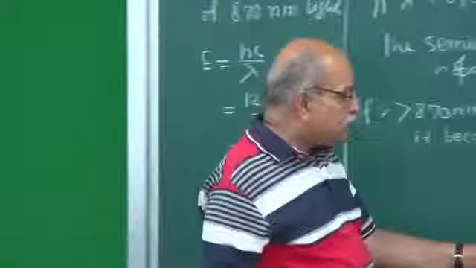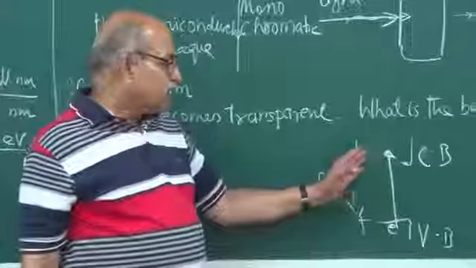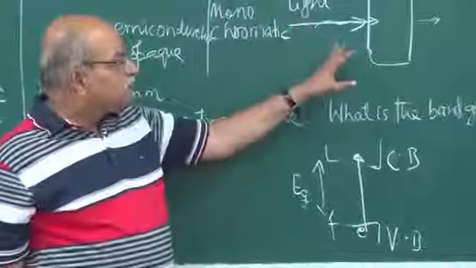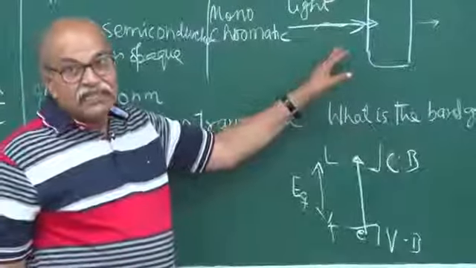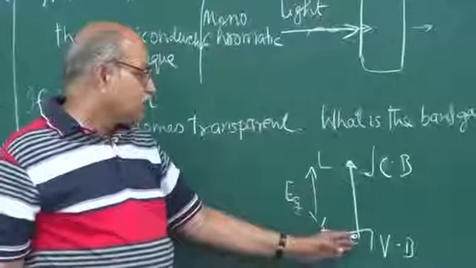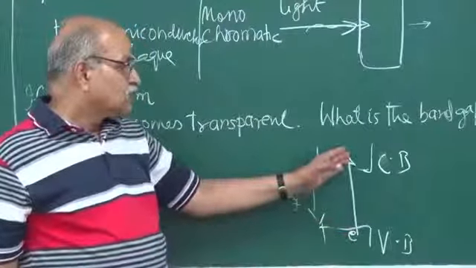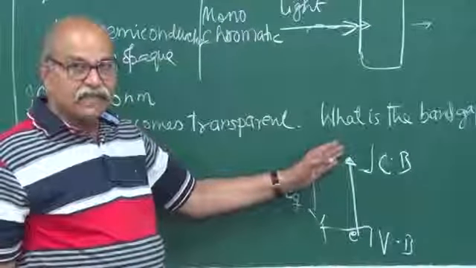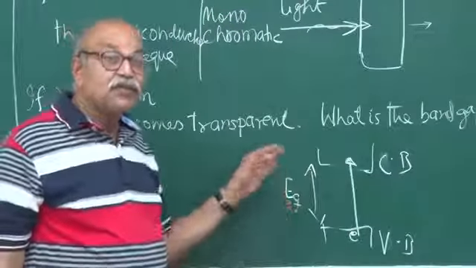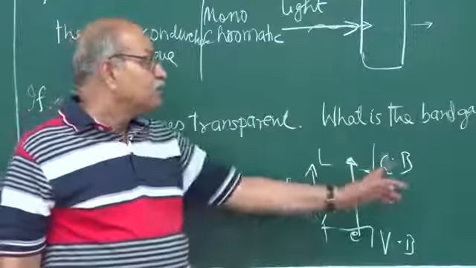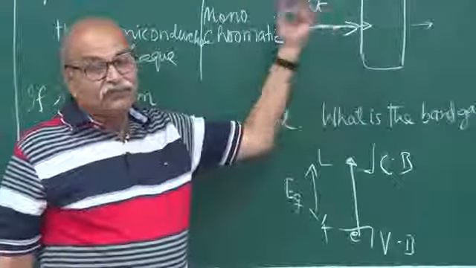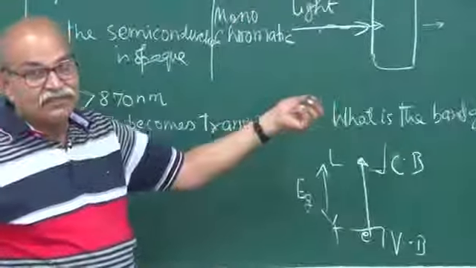So if the band gap is 1.42 eV and the photon energy is less than 1.42 eV, that photon cannot take this electron on to this conduction band, and therefore this photon will not be absorbed and will be transmitted through, and this will be transparent.